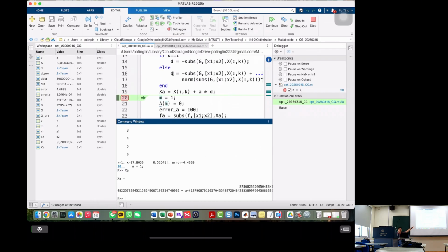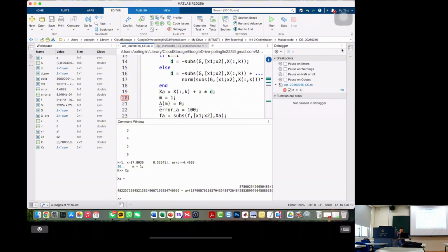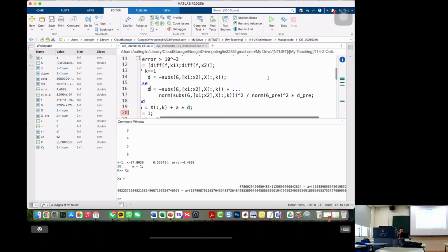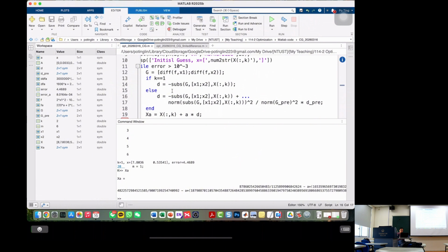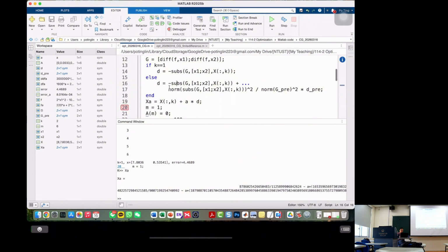When I compute d, I should make it numeric, not symbolic, because of the way I utilize the symbolic. So these are symbolic. I should make it a double. This is the substitution, so I will make this one a double.